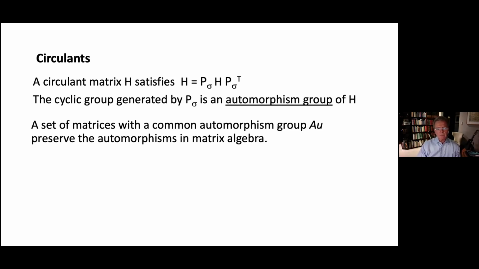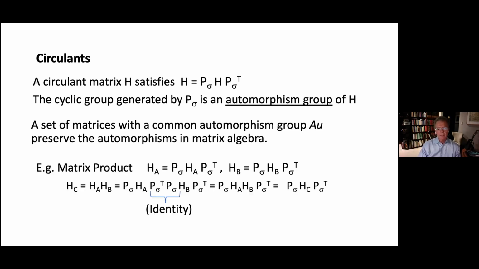Now, if you have a set of matrices that have a common automorphism group, like a cyclic shift, it's preserved in matrix algebra. For example, if you have two matrices, HA and HB, both of them have the cyclic automorphism.